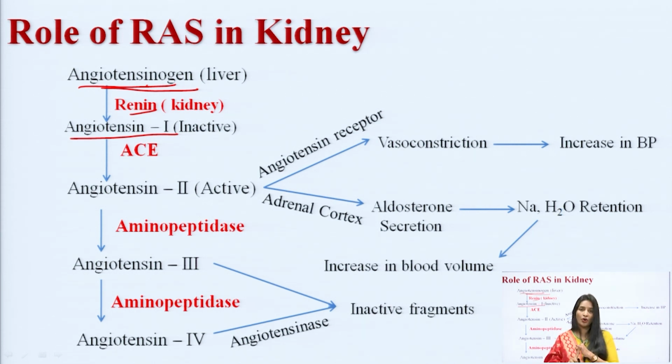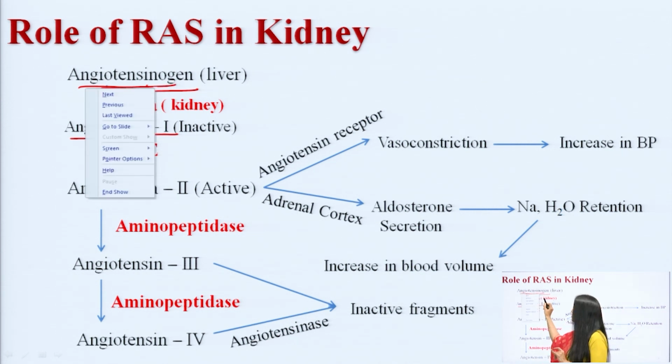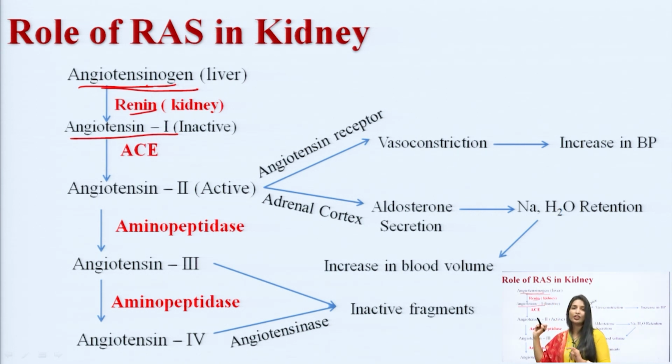This is the first point, okay. So, to produce the renin, the juxtaglomerular cells will be initiated. When the angiotensinogen is in the presence of renin, it will be converted into angiotensin 1. Once angiotensin 1 has been produced, it is in a peptide form, it is inactive.